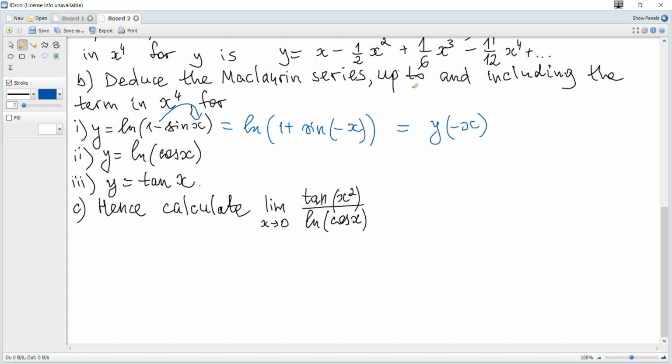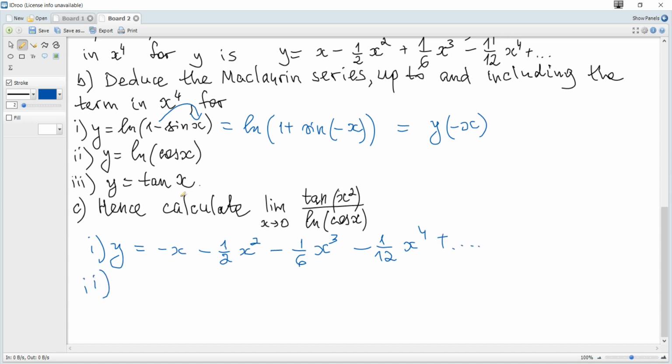We can get the required Maclaurin series if we substitute negative x for x into this expression. Hence y becomes negative x minus a half, negative x squared is just x squared, plus 1 over 6 negative x cubed, so it's minus 1 over 6 x cubed, and negative x to the power of 4 is x to the power of 4, so minus 1 over 12 x to the power of 4.